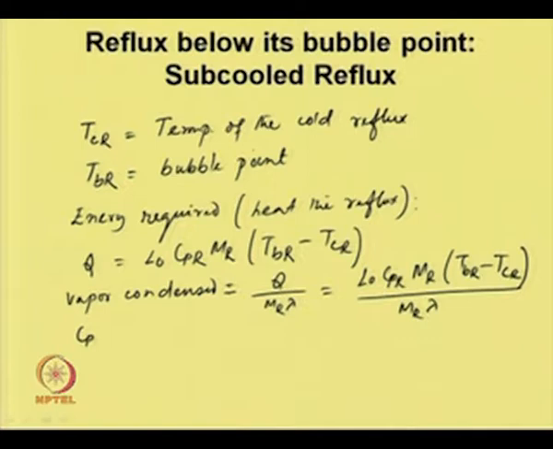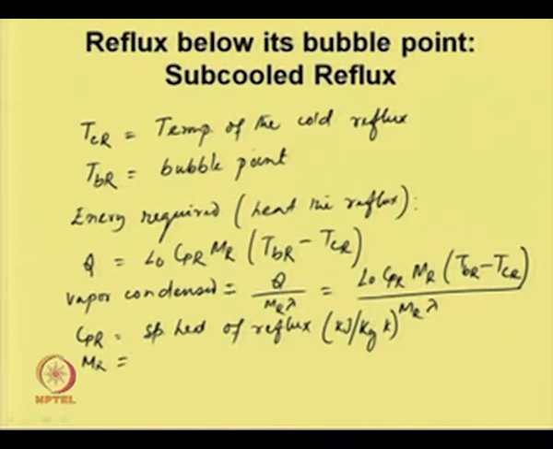CPR is the specific heat of reflux in units of kilojoule per kg Kelvin. MR is the average molecular weight.